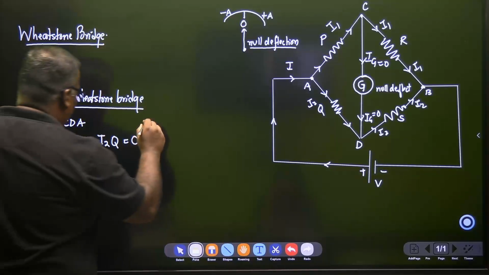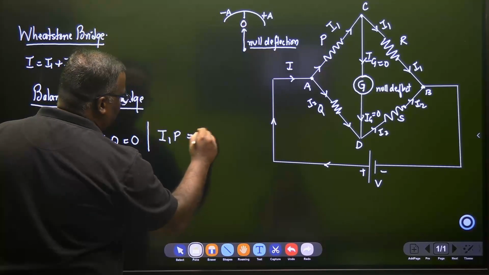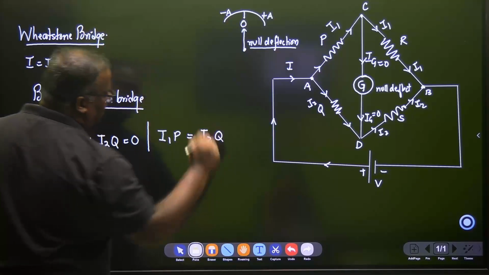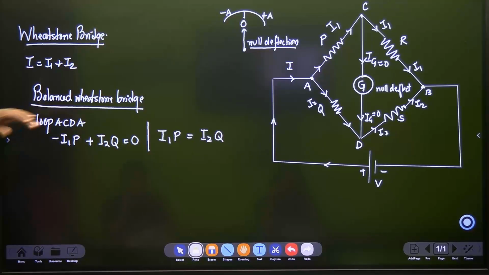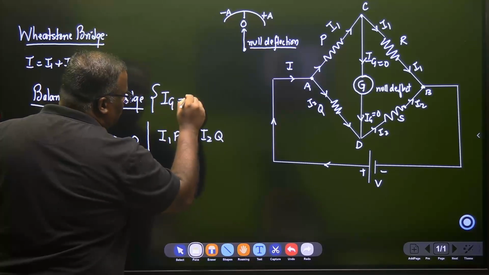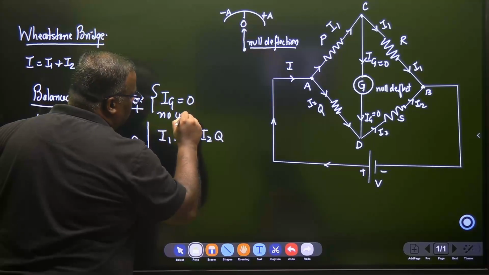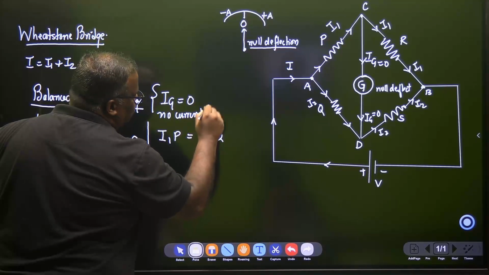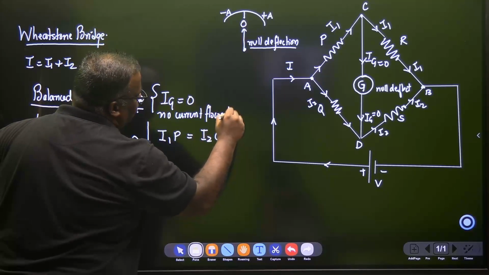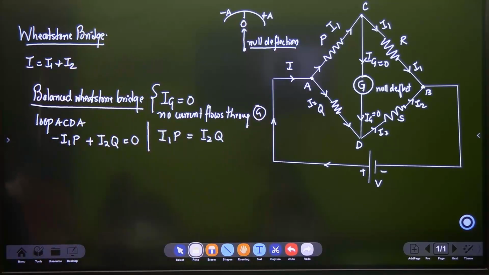If I write it properly, I1P is equal to I2Q. This is for a balanced Wheatstone bridge, and you have to write that in this condition IG is equal to 0, that is, no current flows through G. Clear?